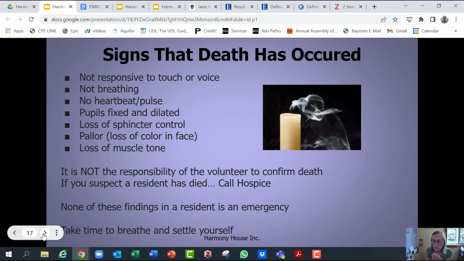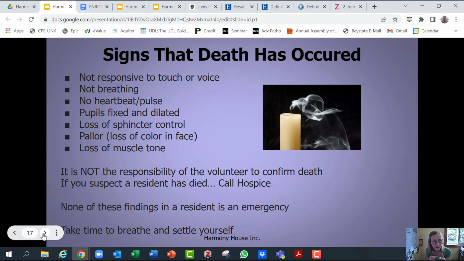Signs that death has occurred. I want to reiterate that this is not an emergency, and it is not your job as the volunteer to be sure if a patient has died or not. What we do want you to be able to do is to notice if these things have happened, like a resident not being responsive to touch or voice, not breathing, that you can't detect a heartbeat or a pulse.